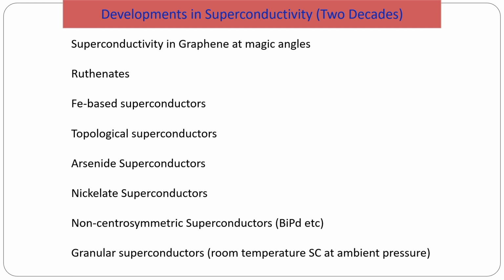So, the developments of the last 2 decades are superconductivity in graphene at magic angles, ruthenates, iron based superconductors, topological superconductors, arsenides, nickelate superconductors. There are non-centrosymmetric superconductors such as BiPd, etc., granular superconductors, and so on.